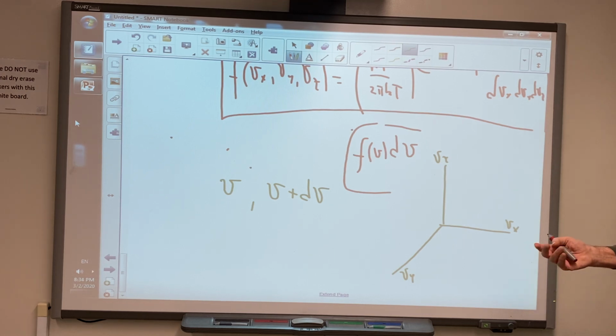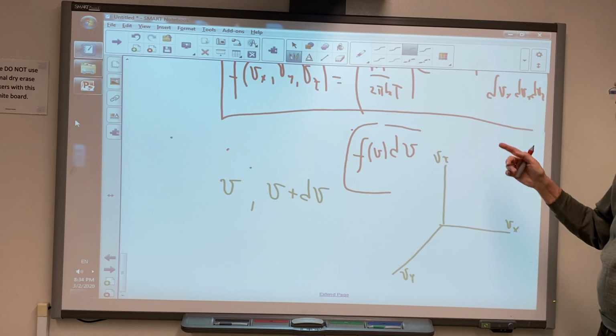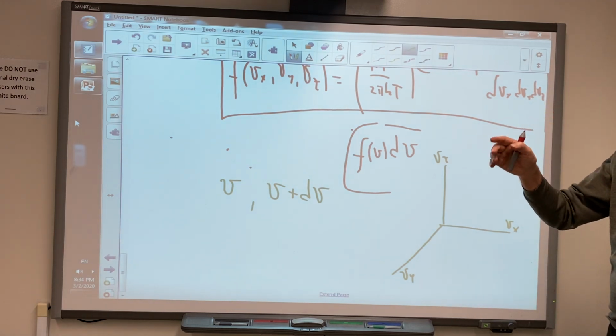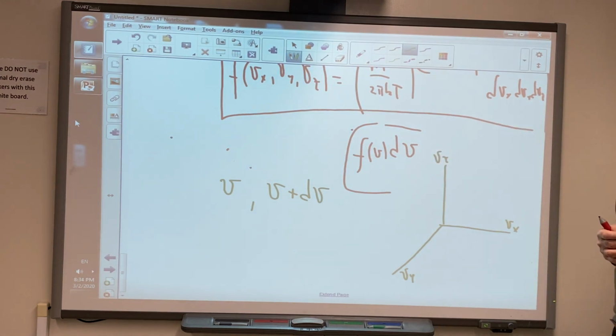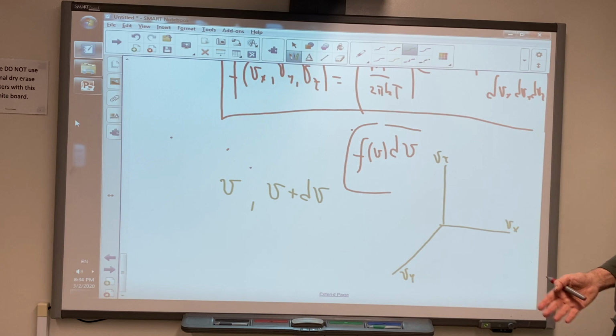A particle has speed v if the square root of vx squared plus vy squared plus vz squared happens to take the value v. That is the equation of a sphere in 3 dimensions.